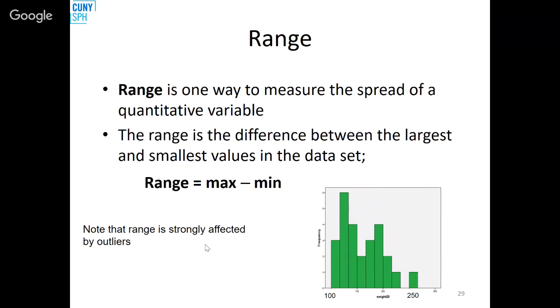If you take a small sample from the same population, it will have a small range. The larger the sample you take, the larger that range will get. So it's an interesting numerical summary, but it's also an unstable one. The most unstable of all of the ones that we've learned. So in this example, with a maximum of 250 and a minimum of 100, the range is 150.